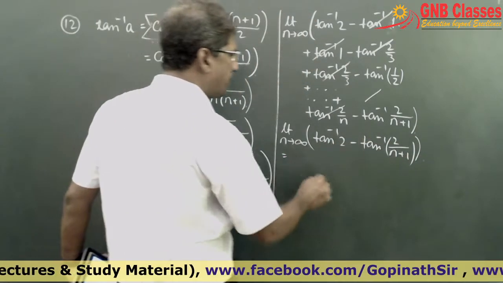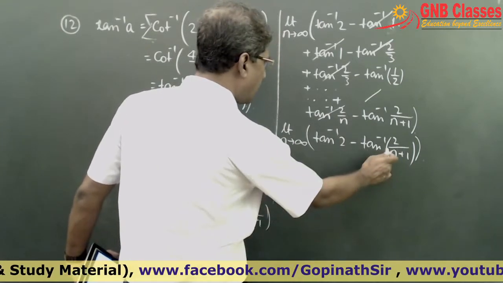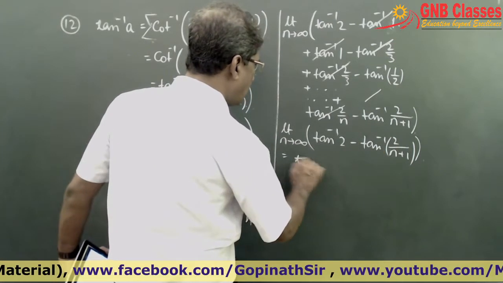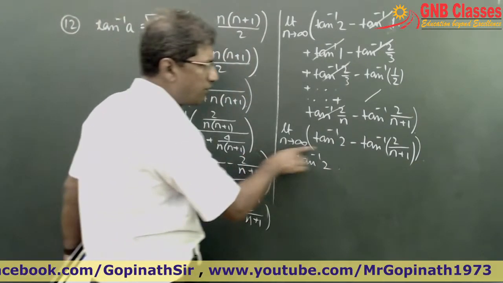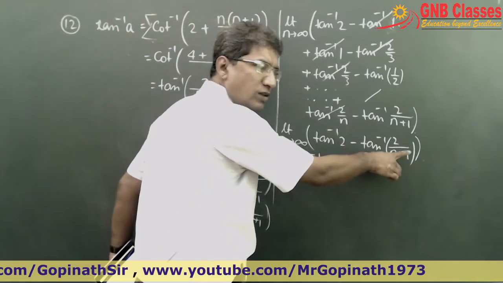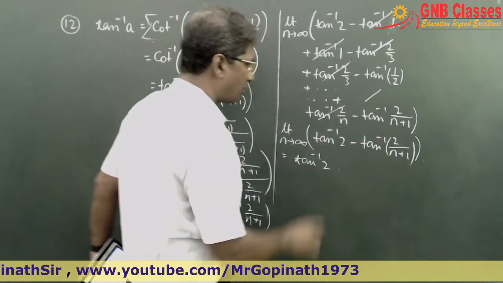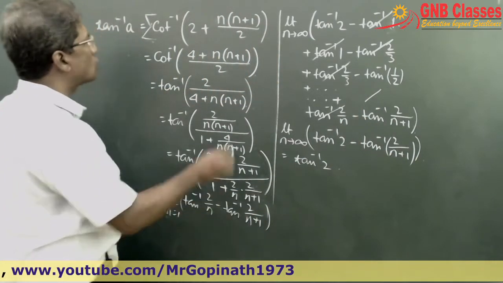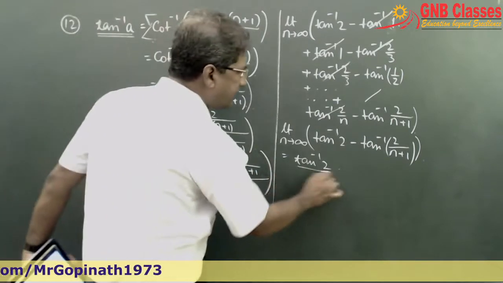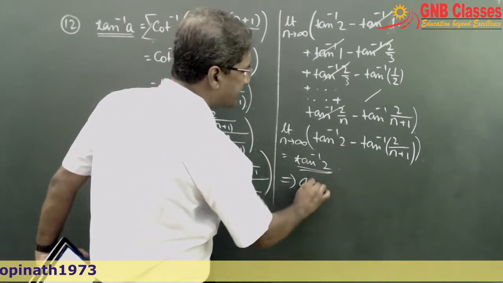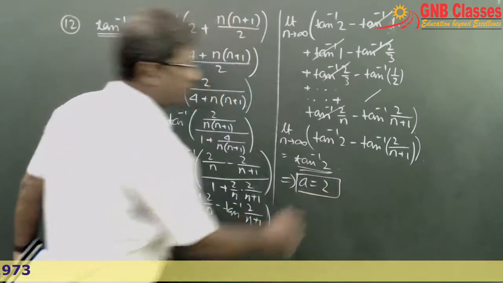Now limit n tends to infinity, n tends to infinity means 2 by n plus 1 is tending towards 0. So tan inverse 0 is nothing but 0. So we are getting tan inverse 2. So what we got actually is tan inverse A equals tan inverse 2. That implies A is nothing but 2.